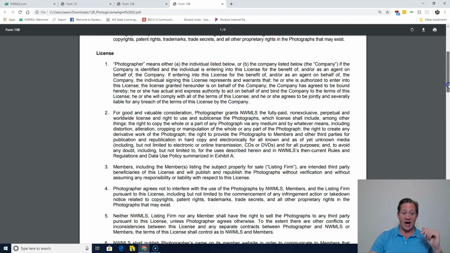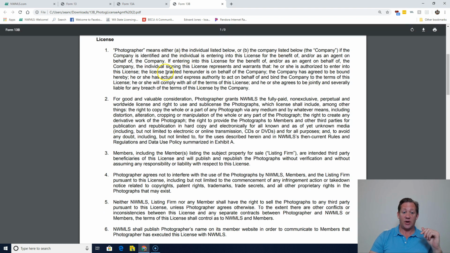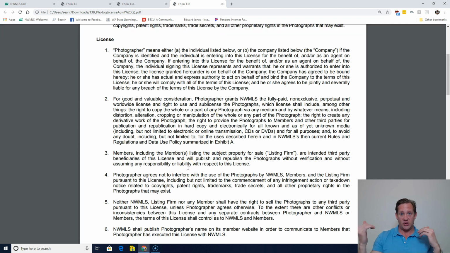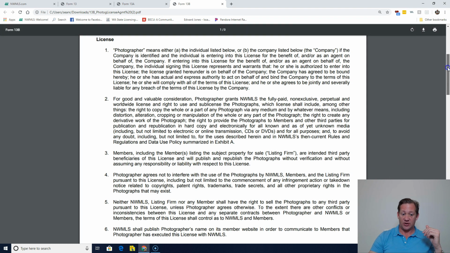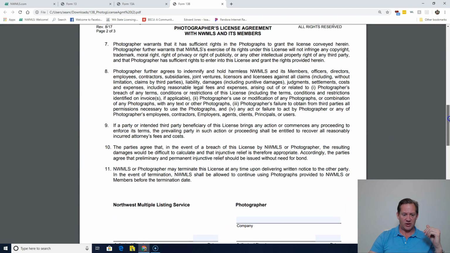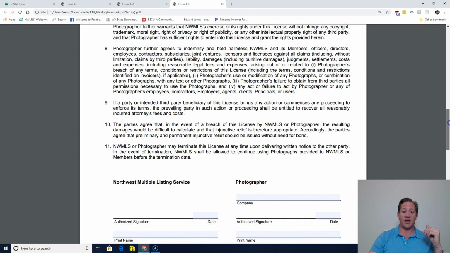And then here's the specific license. Here's what photographer means. Here's the good and valuable consideration, people getting paid, what you can and can't do. I think there are 11 sections you can read through. What this does is outline what is happening between the brokerage, the MLS, and the photographer with these photos. So it's a good thing to have.